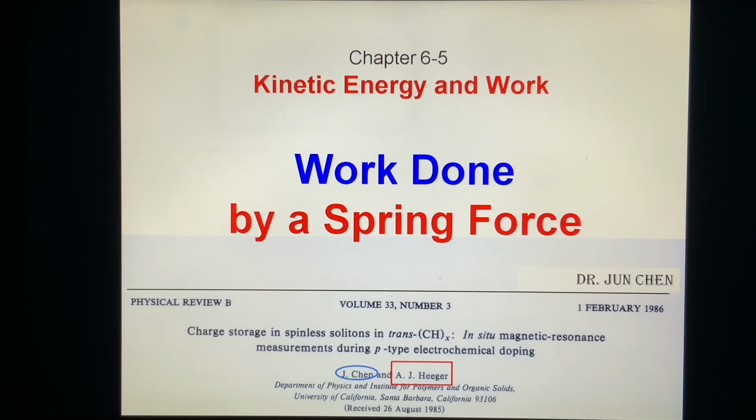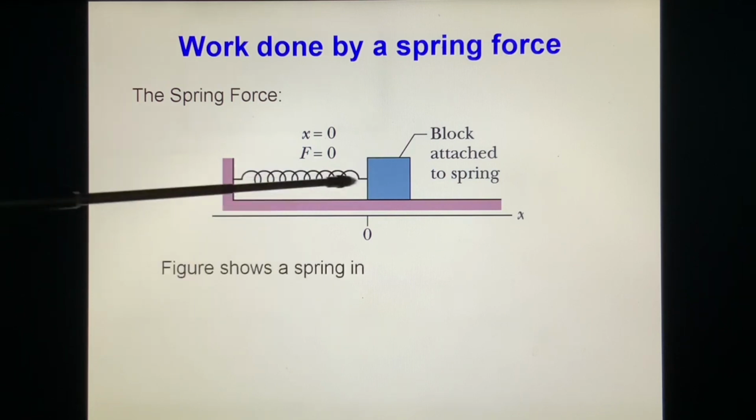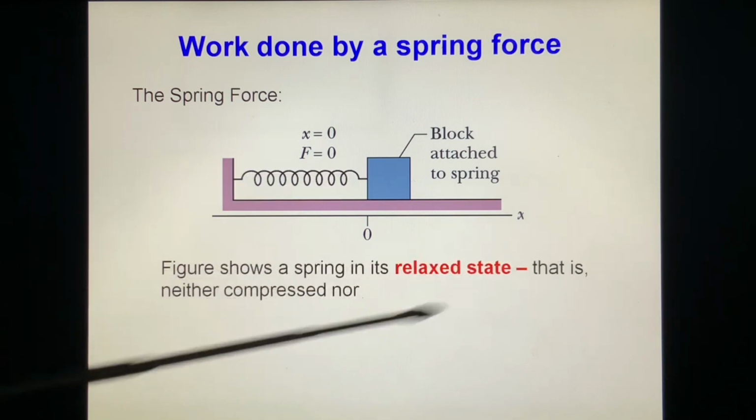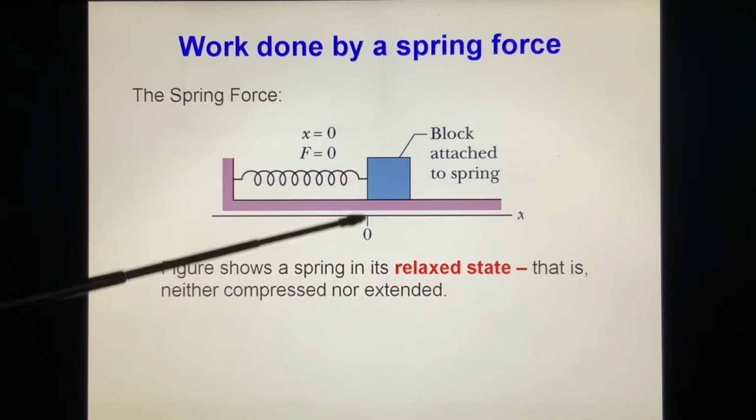Work done by a spring force. We see a spring attached to a block. This shows a spring in its relaxed state, that is, neither compressed nor extended. It's natural length.